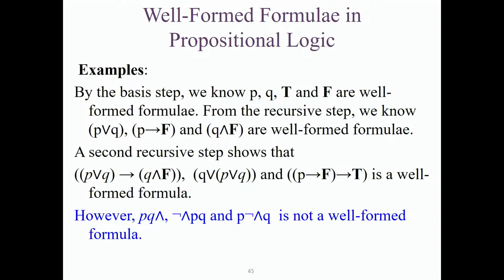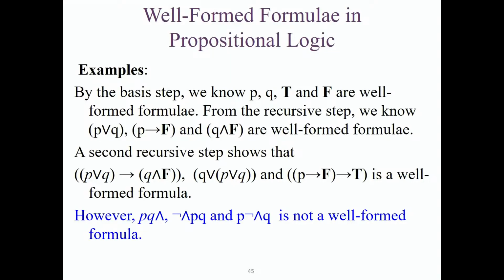Q is in the original definition of a basic step, right? And in the first recursive step, we know P or Q is true. So we are pretty sure "Q or P or Q" is a well-formed formula. So we can replace this by E or F, okay?